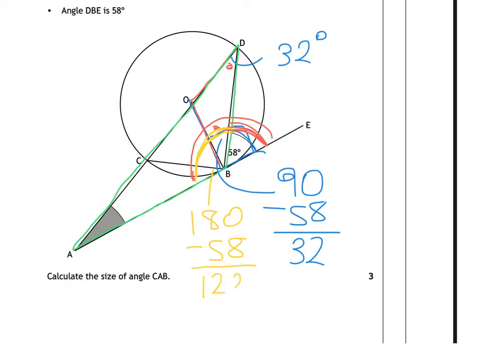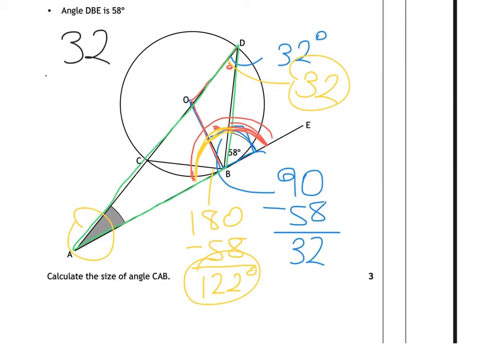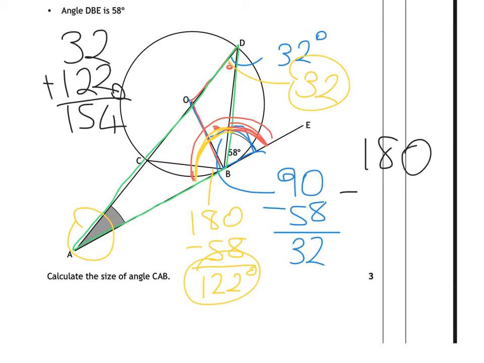And that will give me 122 degrees. I know this angle up here is 32, so I'm going to add both of these together, get a total and take it from 180, and that will leave me with the answer. So 32 plus 122 is 154 degrees. And to get the shaded angle, it's 154 from 180, and that is 26 degrees.